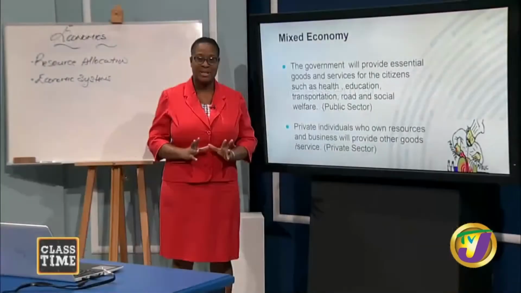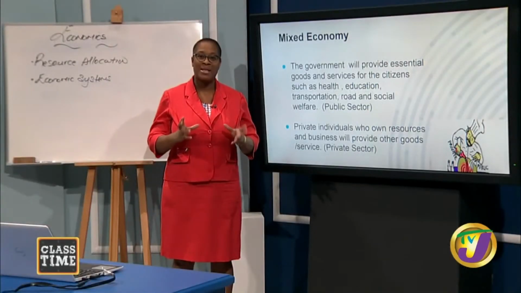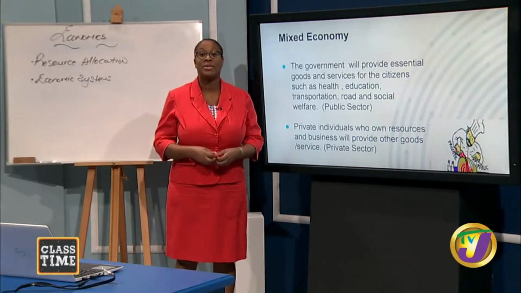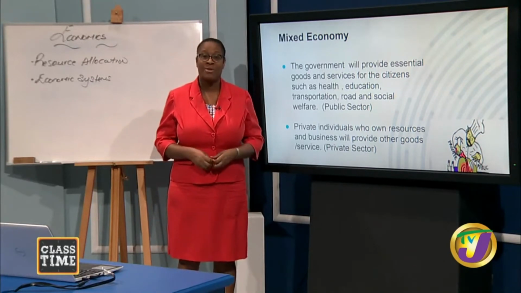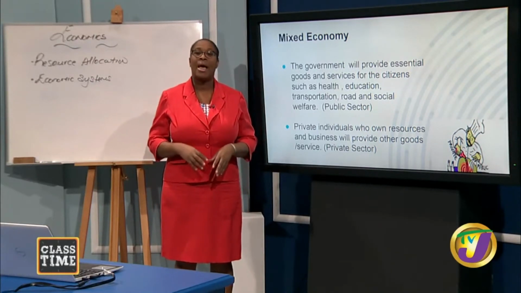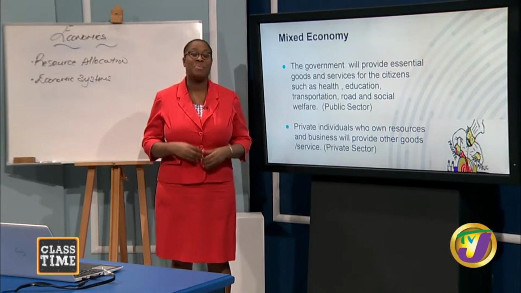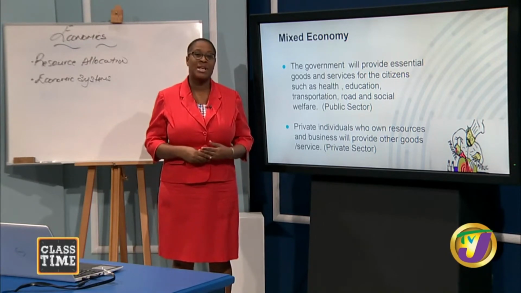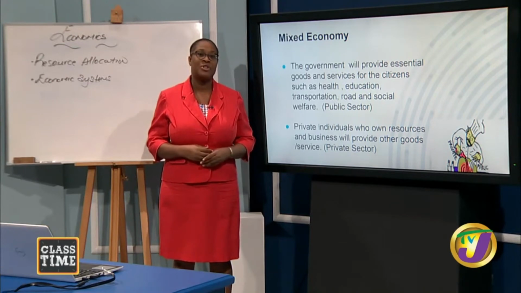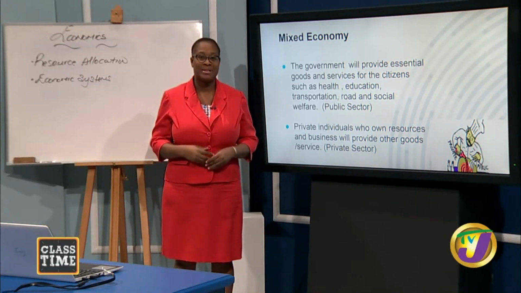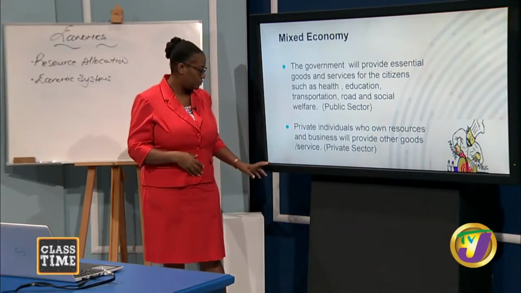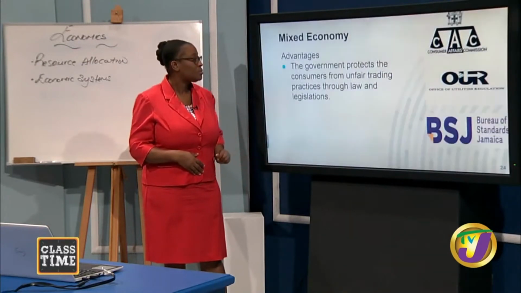So just to stick there again, what the government and their entities and activities entail, they are referred to as the public sector, and private individuals owning factors of production and making their activities in the economy, they are referred to as the private sector.